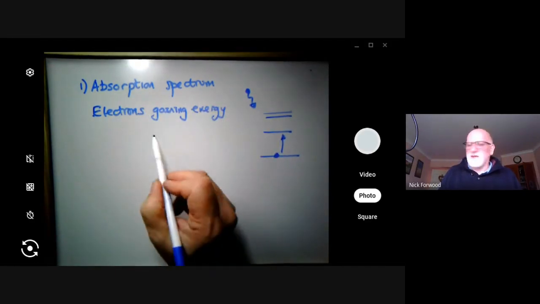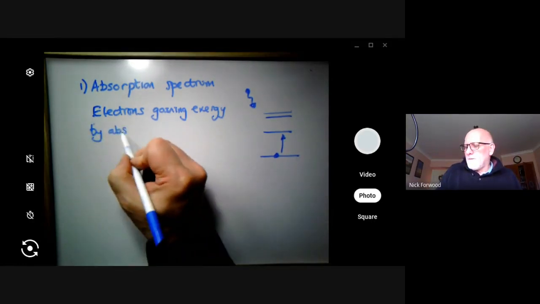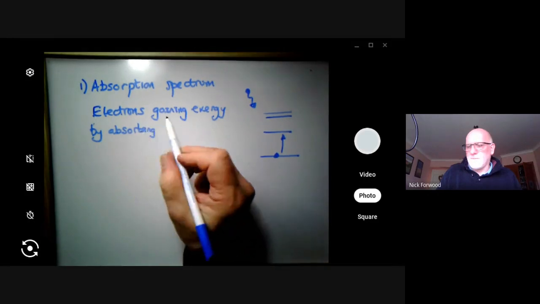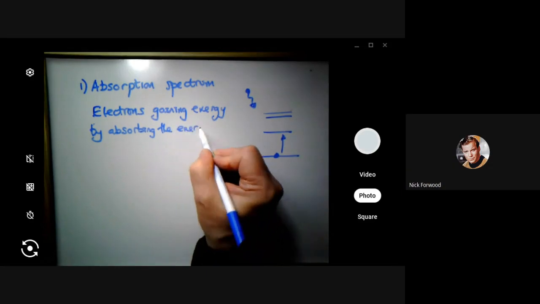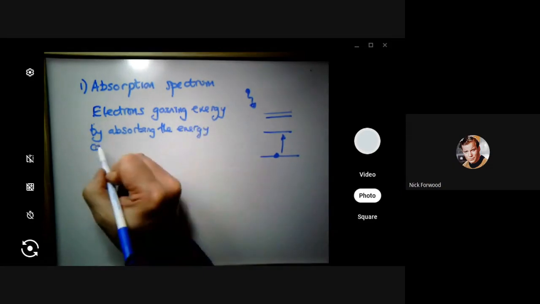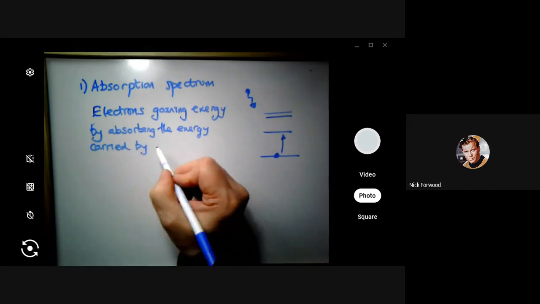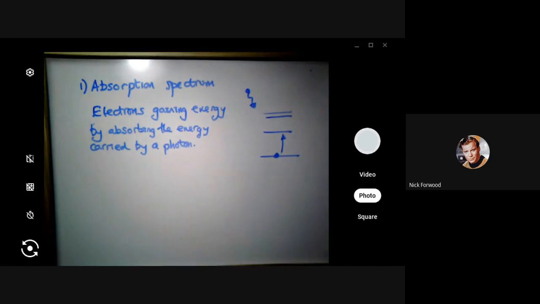They're gaining energy by absorbing the energy carried by a photon. So that's one type of spectrum that we're going to look at. It's called an absorption spectrum.